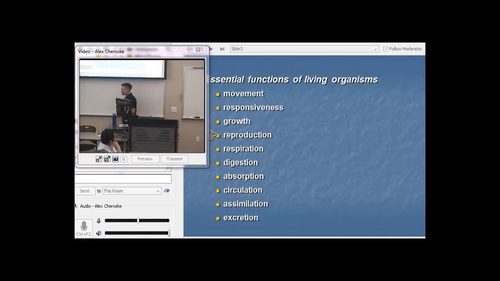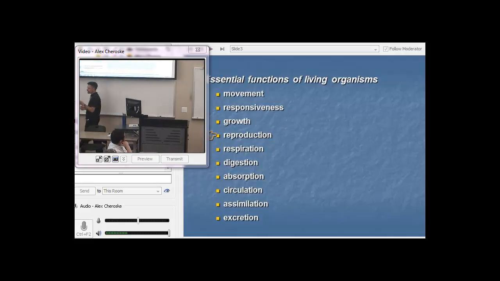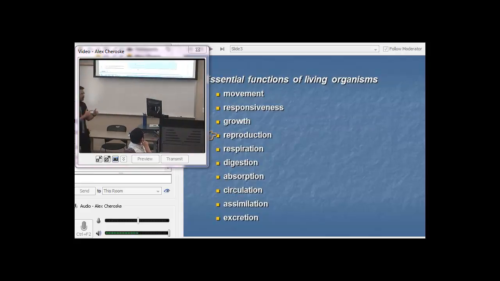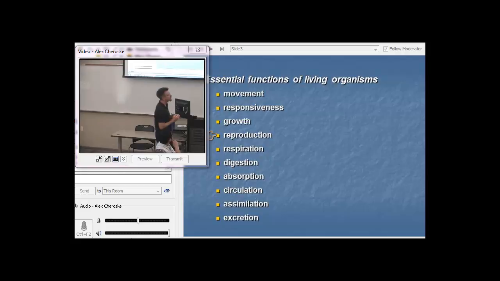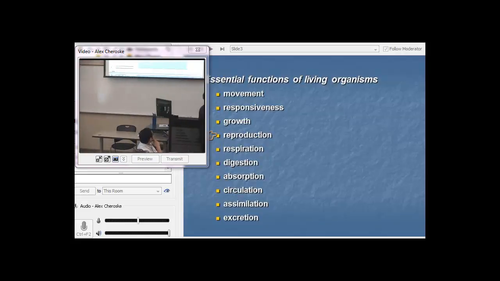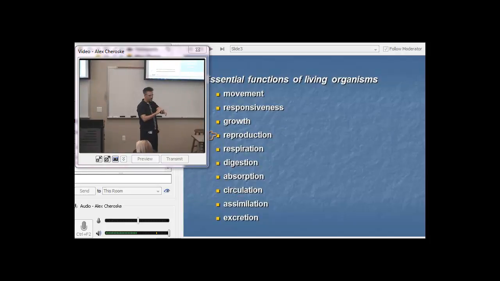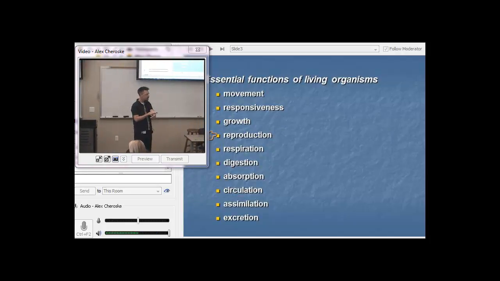Reproduction as well. Now, that also has two different levels. Number one, reproduction in terms of making new individuals, so the species is still around. But even within an individual, you can think about reproduction on a cellular level. Like we were talking about, if you have one cell, you're going to run out of cells, right? Cells and living things wear out through time. Skin cells slough off all the time.